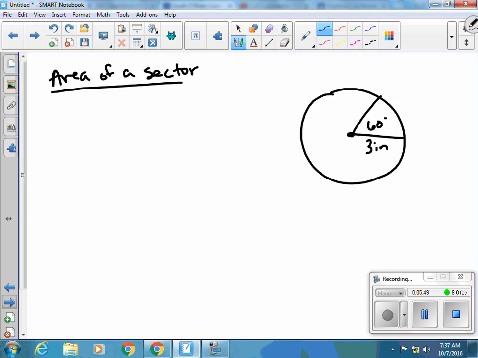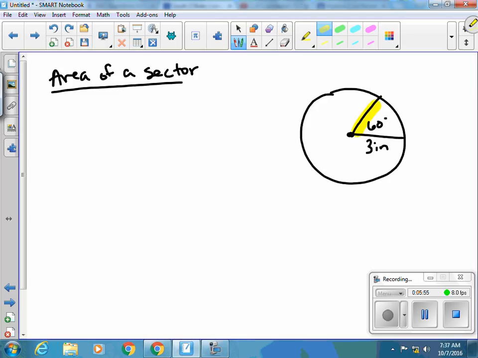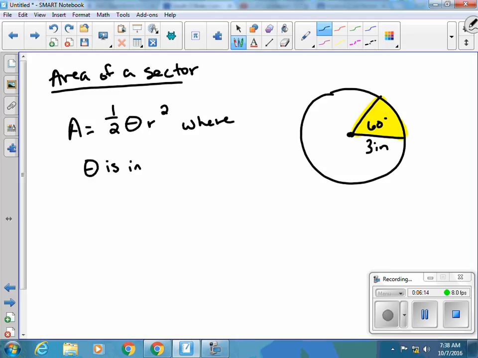So I got a 6-inch pizza, and I want to figure out how much pizza I am actually eating if I get a 1/6 of that pizza. So I'm looking for the area of that slice of pizza. So I'm just going to start you off with the formula right away. The area is going to be 1/2 theta r squared, where theta is in radians. Okay, so you're going to have to convert your degrees into radians here.